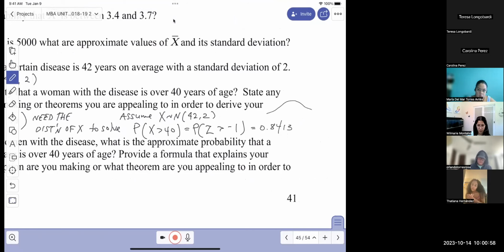As you draw a picture and you know you're here and you want to go this way. So when you look it up, you look up -1. And when you look up -1, you get 0.1587.